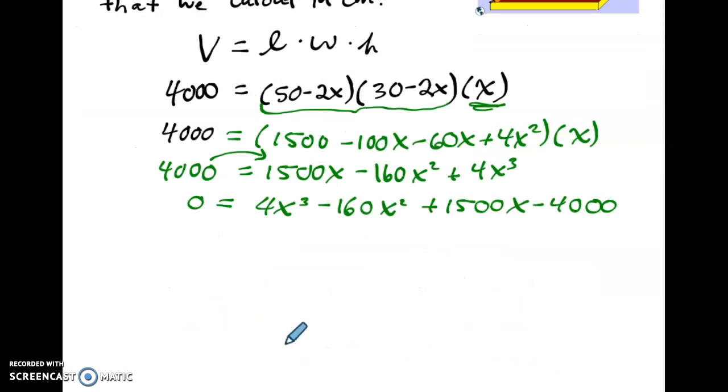And now it becomes exactly like one of your solving equation questions. We have a polynomial, it's equal to 0. We now need to factor this. Okay, first thing we should always do is look for a common factor. And in this case, there is a common factor of 4 in everything. So I'm going to pull out a 4 first.